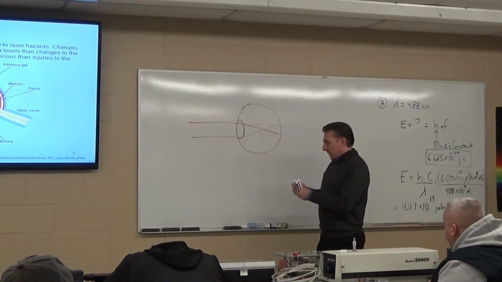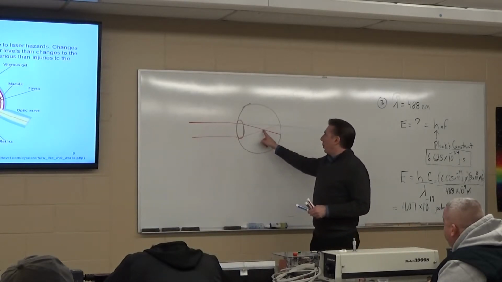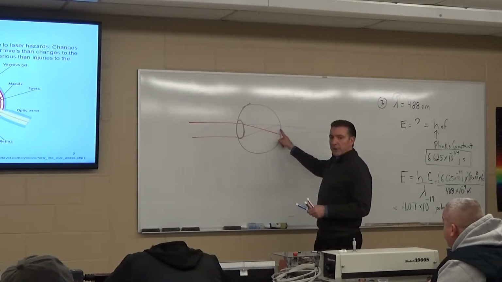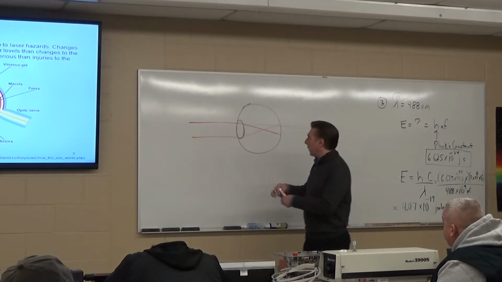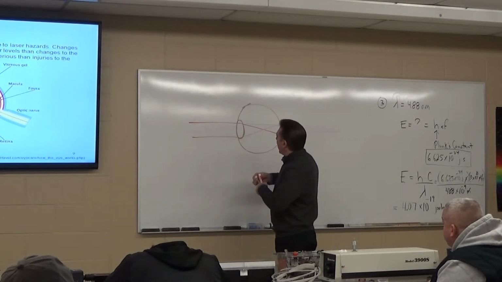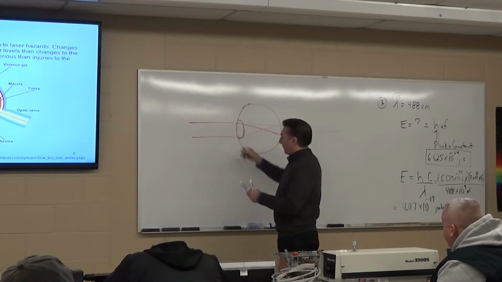If you're nearsighted, you wear glasses, and this is the focal point. If you're trying to correct that, you want to push that focal point back over here. All that means is that this lens is too round and it's focusing too fast, so the idea is to flatten that out somewhat, to push that focal point back.